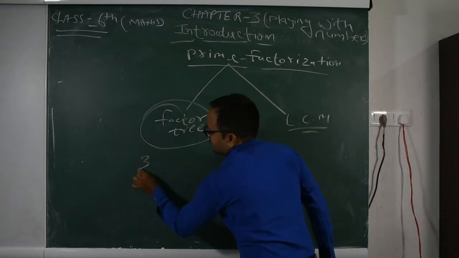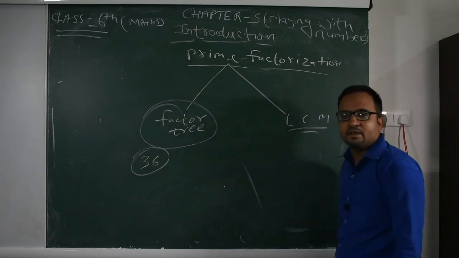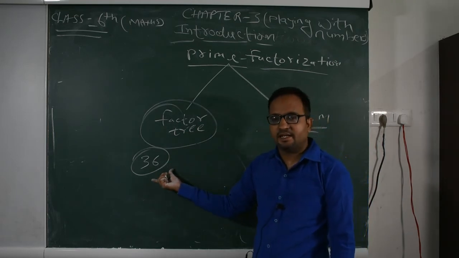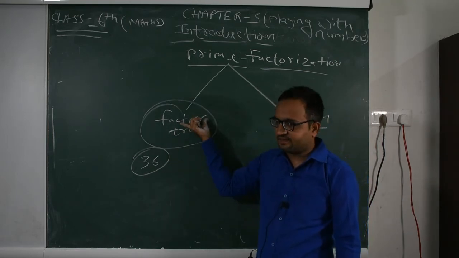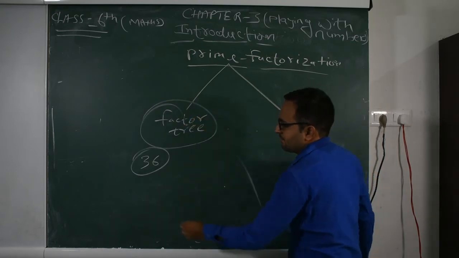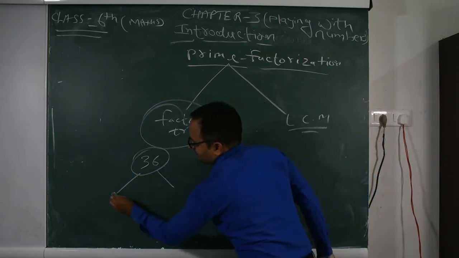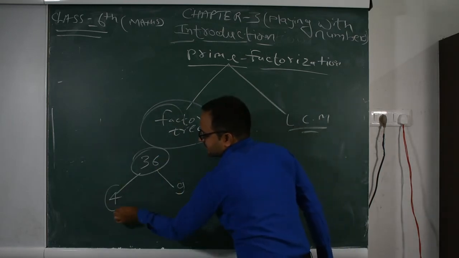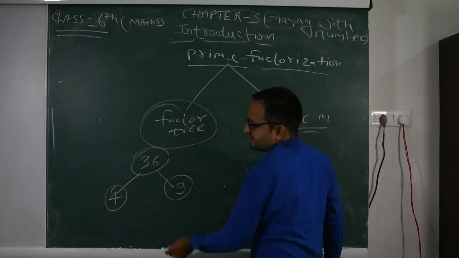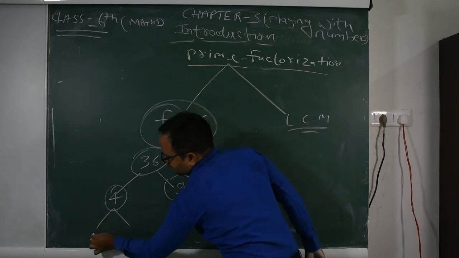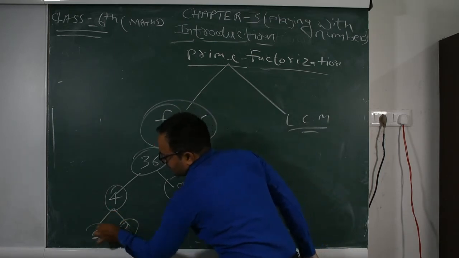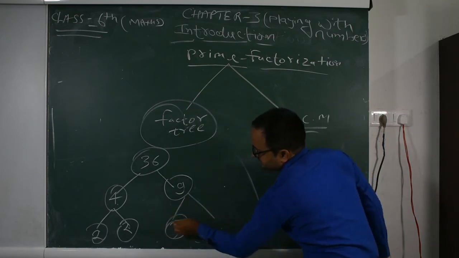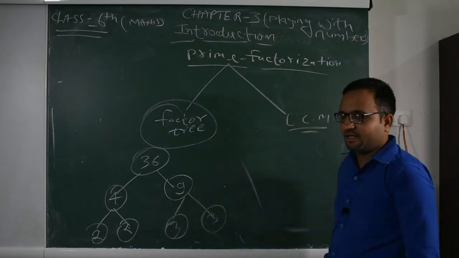For this, take 36. Now we find out the factors of 36 with the help of the factor tree method. 4 nines are 36. Also 2 twos are 4 and 3 threes are 9.